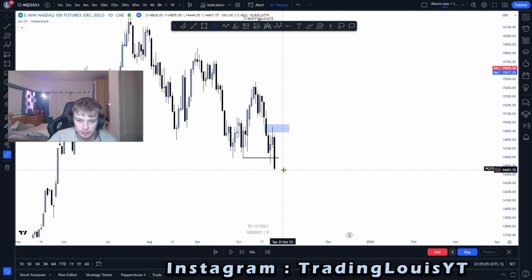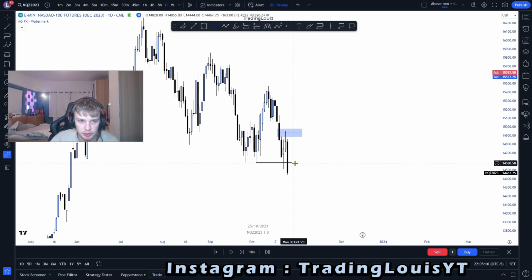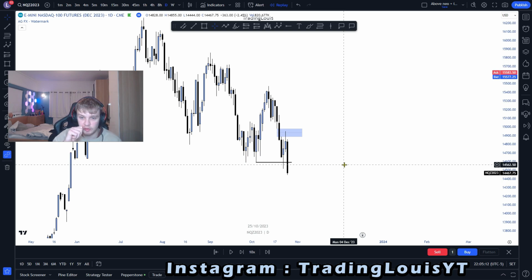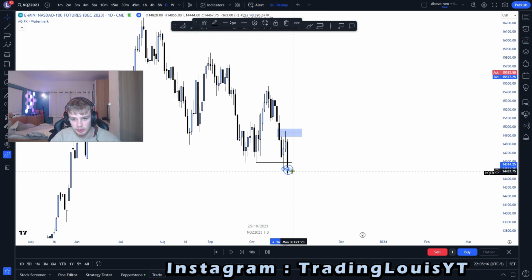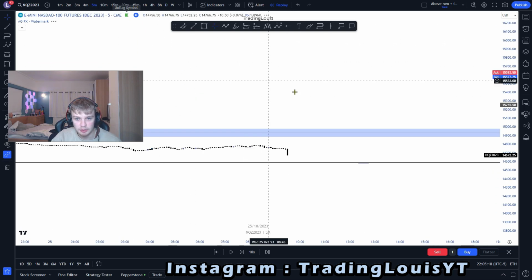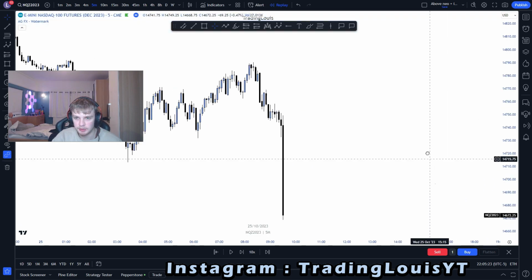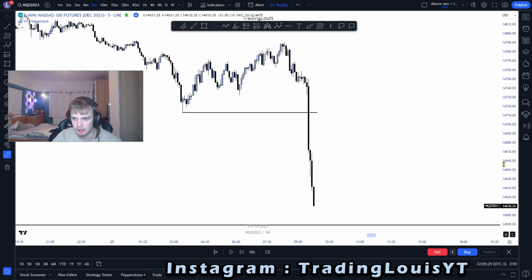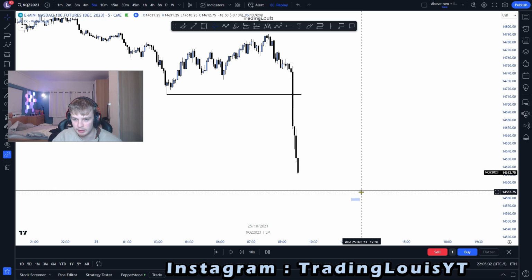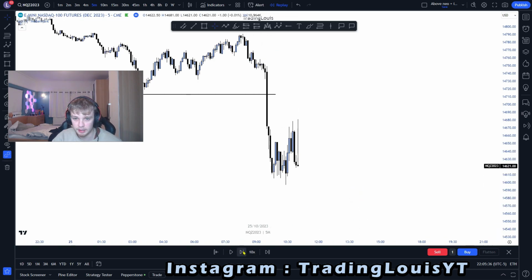So actually, what I would do right here on this day, I would not actually have a strong bias for either direction, and the reason being is because we have just took out sell side liquidity. So I would not be looking for shorts specifically here, just because we have took out lots of sell side liquidity and news has just been created. So yeah, let's wait for price action to create a bit of candles.